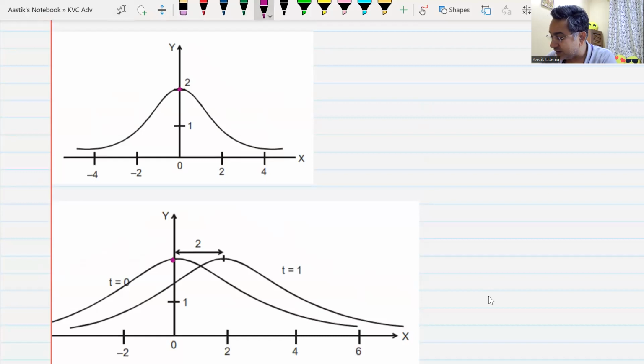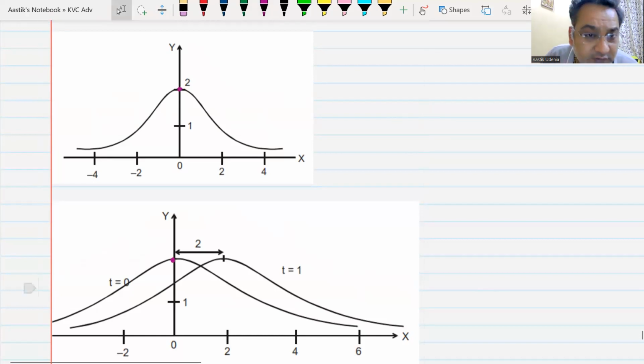It has moved ahead by 2 seconds. Now you understand how this pulse is moving. So if you take this snapshot at every second, you will see this wave moving. This is the next position of the wave at t is equal to 2 seconds. Do we understand this, or this is going above our head saying bye bye? We understand, sir. Pakka? Yes, sir.